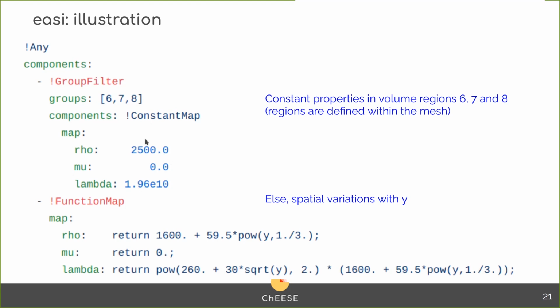Outside these three groups, we define rho, mu, and lambda as a function of the y coordinate, using a function. These functions don't need to be compiled. They are just processed on the fly by SeisSol. That's a big advantage of easi.